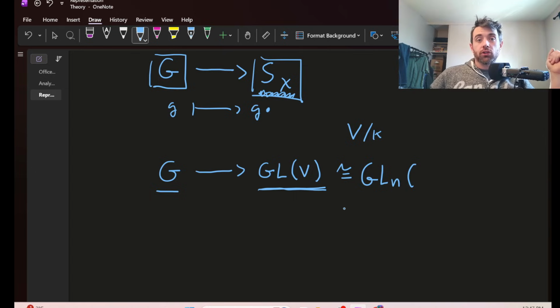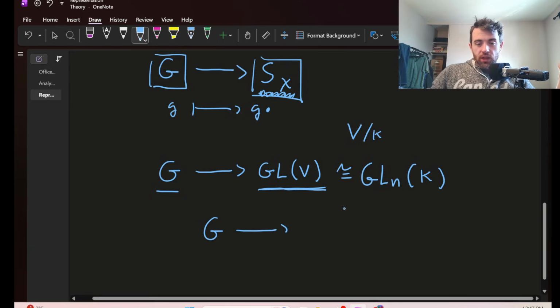We're going to focus in on some particular fields in this series. But in general, then what is a representation of a group? Here's definition number 2: it's just a homomorphism from your group into n by n matrices, right?